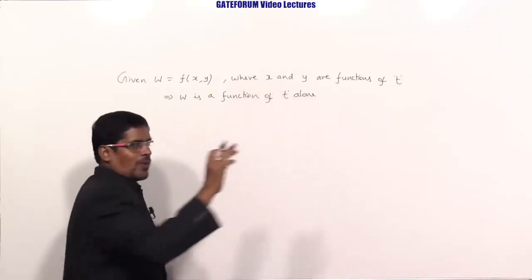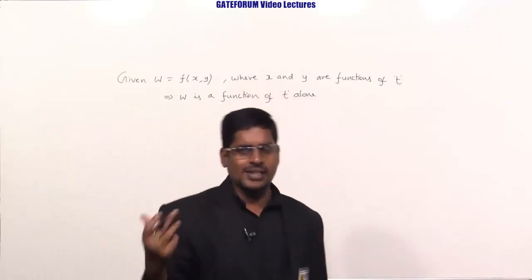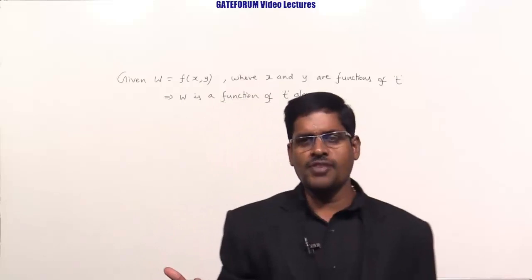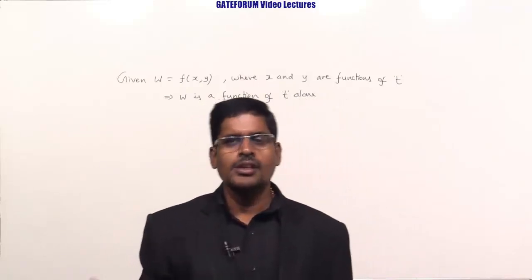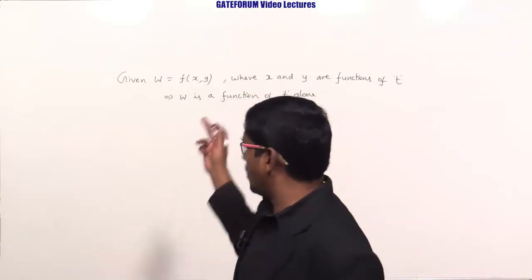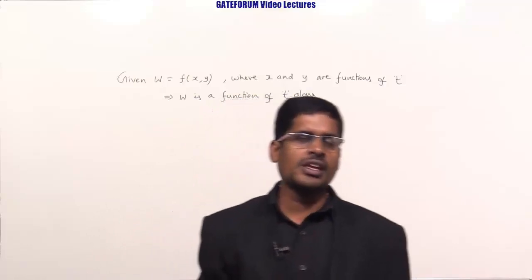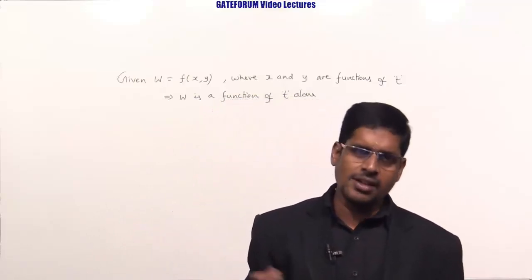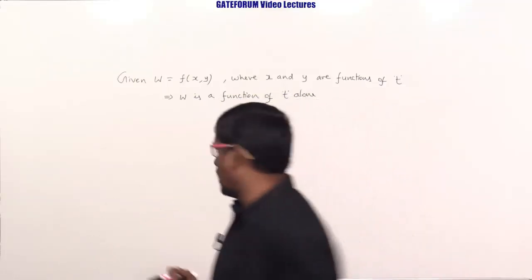When you substitute the xy value, what is x? Function of t, say t square. Y is similarly a function of t, e to the power t. If you put these two x and y in W, finally W becomes a function of t after replacement of x and y. Okay.